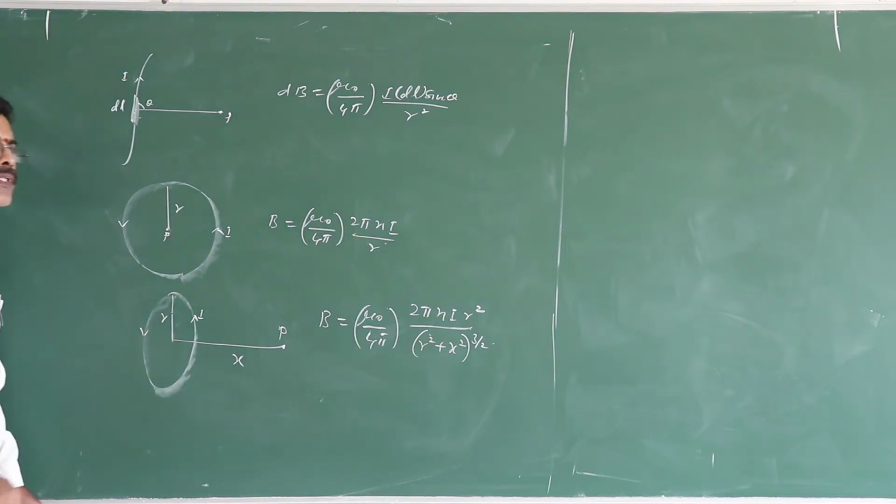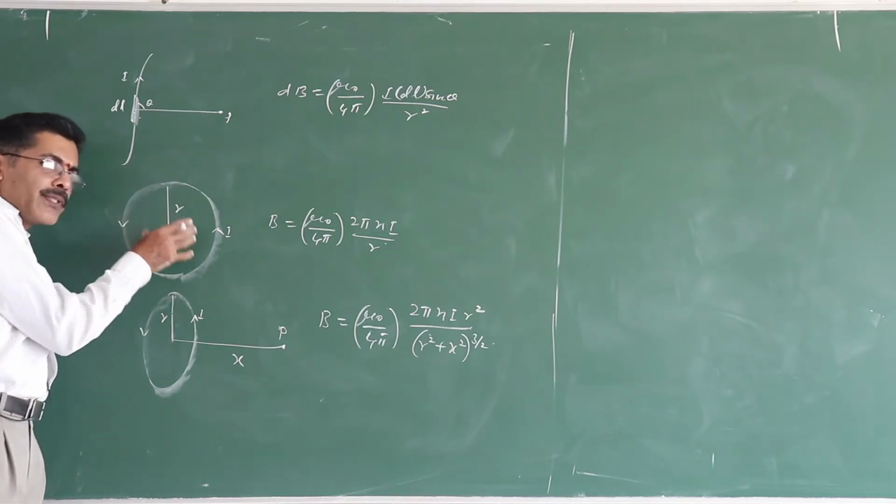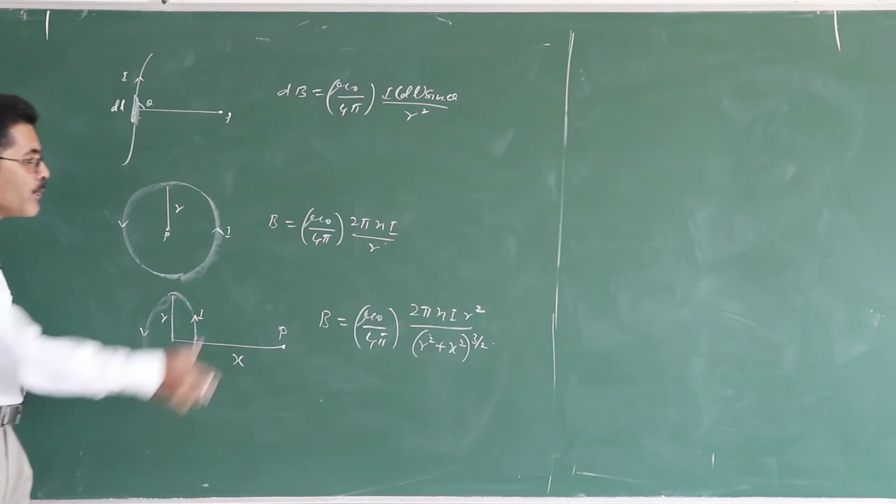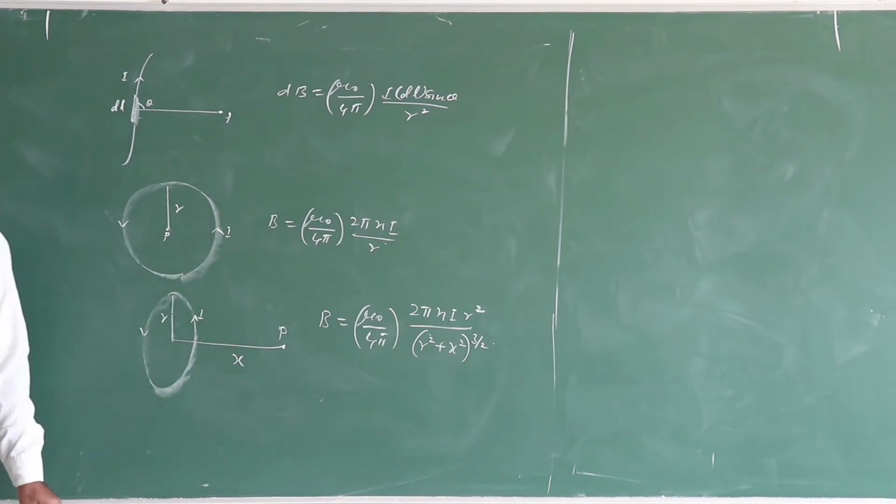If the conductor does not have this particular specific shape, then using these relations, how can we write the expression for the magnetic field produced by a current carrying loop or current carrying arc?